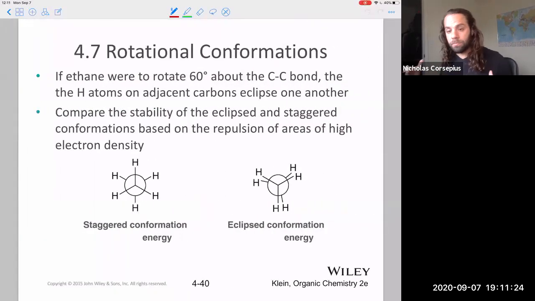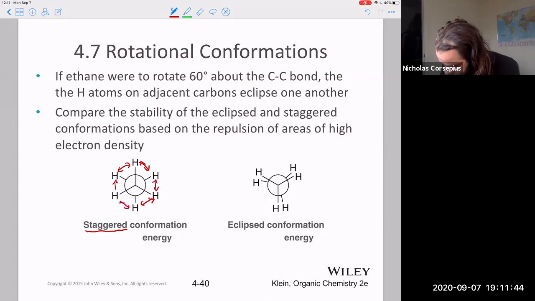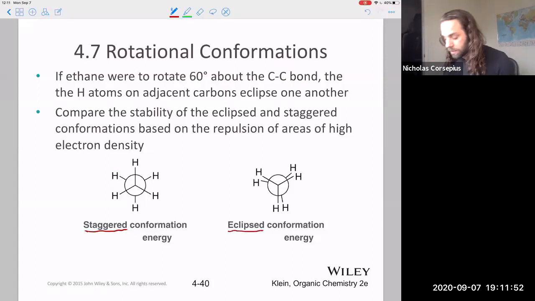There are going to be two main types of rotational conformations that we're going to see. There is the staggered conformation, which is pretty much what we've been looking at this whole time, where everything is nice and evenly spaced between the front and back carbon. That would be the staggered conformation. Another one we're going to see is the eclipsed conformation.